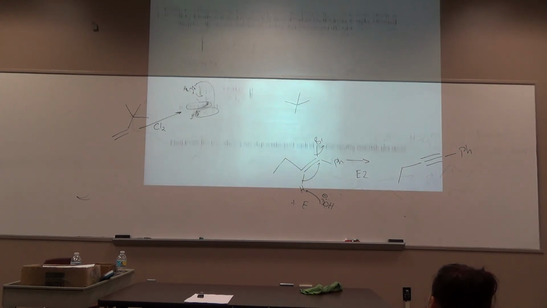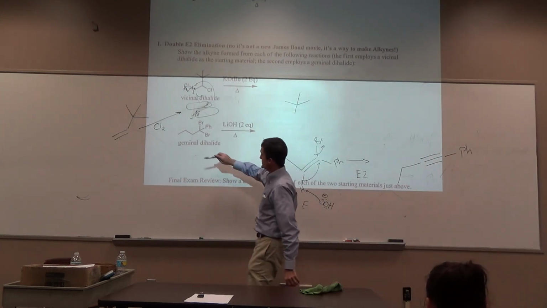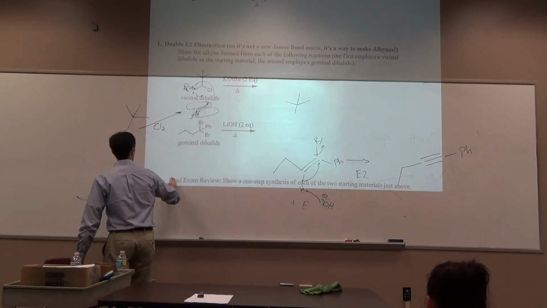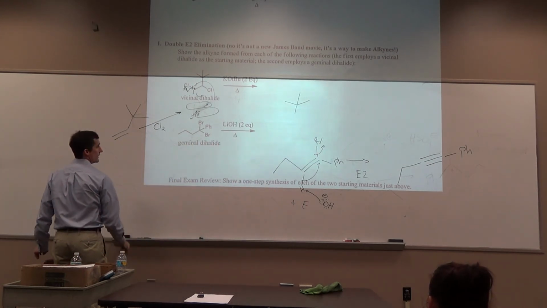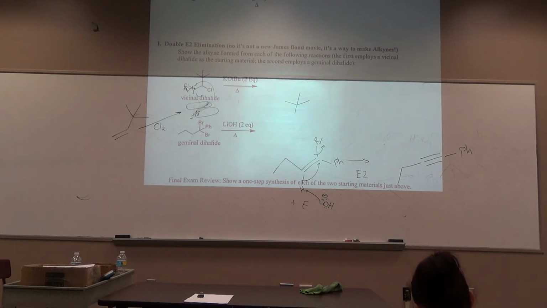Oh, very bottom. We did start with one step of that. What's a one-step synthesis of that? You may not think of it as one step, but like one reaction, one flask.